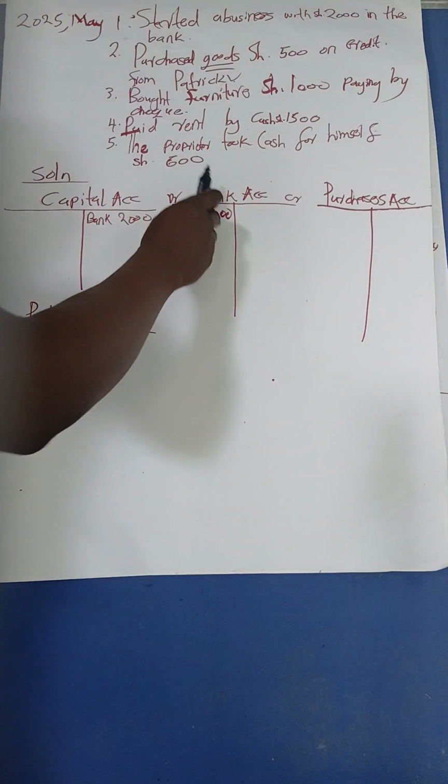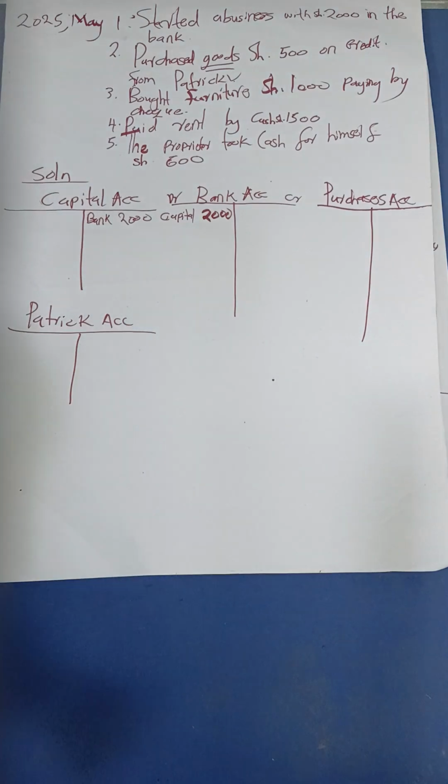Maybe let's say he bought stock on credit. Without mentioning the creditor, you just record under creditors. But if they have mentioned the name of the creditor, you open a specific account for that person.